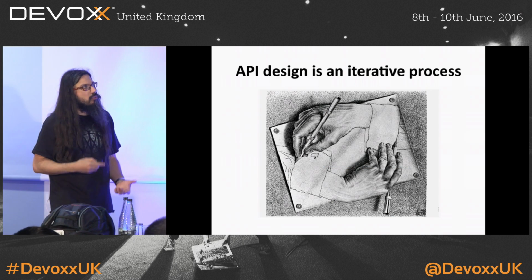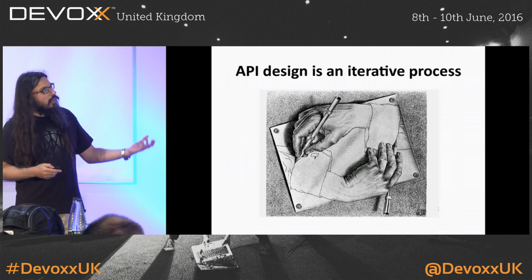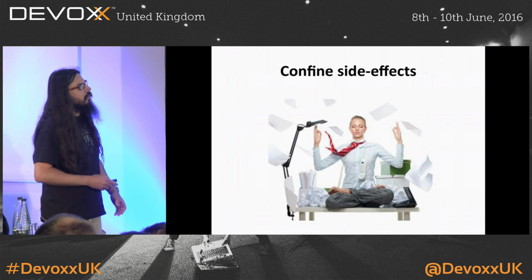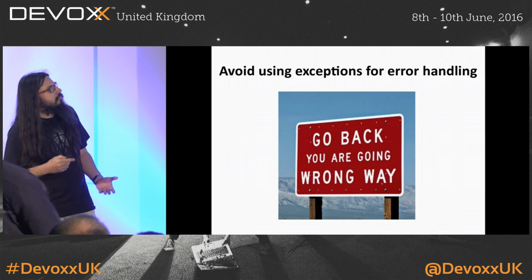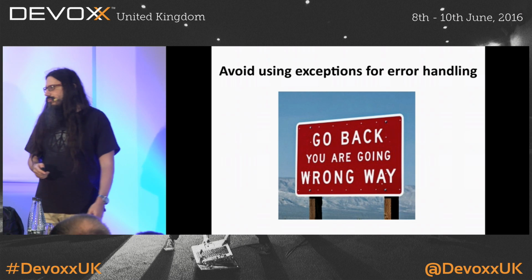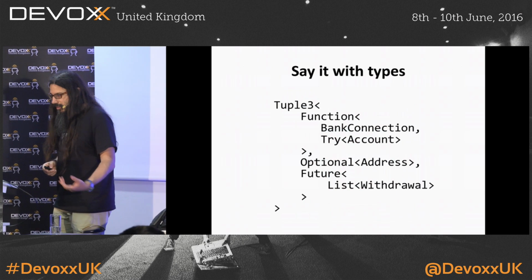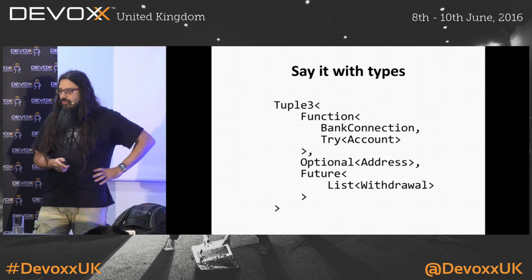So let's try to move toward the functional model. It's an iterative process: make everything immutable, confine side effects. Try to avoid exceptions if you can, and you always can. Try to use your types in a more meaningful way.